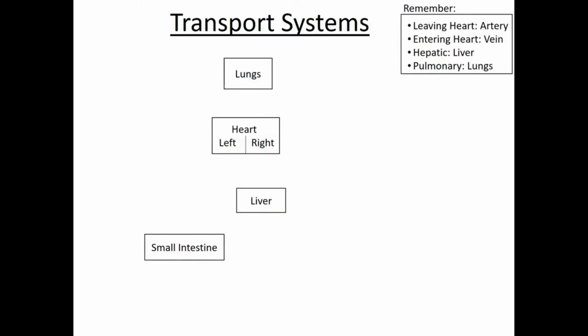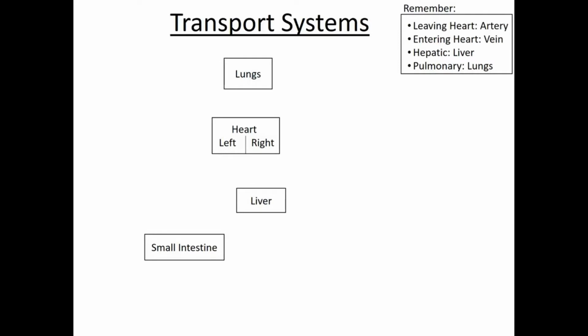Now, before we get into all of the different steps, I want to mention a few tips that can help you memorize all of the different arteries and veins that make up this system. And the first thing is to remember that the blood will usually leave your heart through arteries and then enter your heart through veins. So if something is leaving your heart, it will usually leave in an artery.